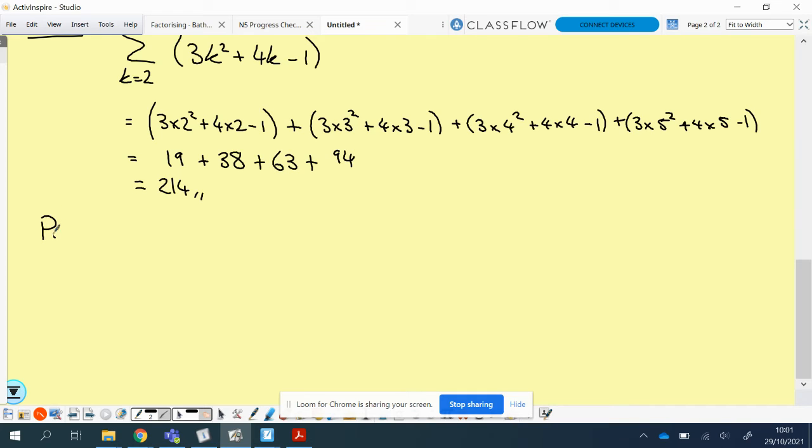So property 1. These properties will be very handy for us throughout the topic of series and sequences.